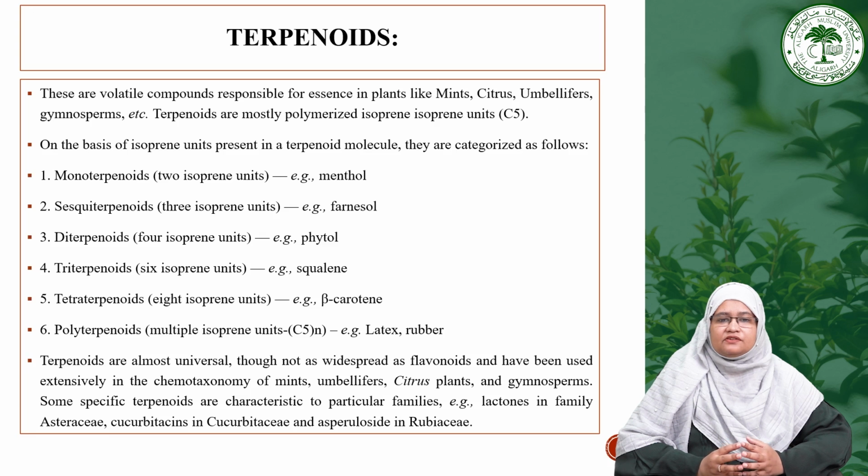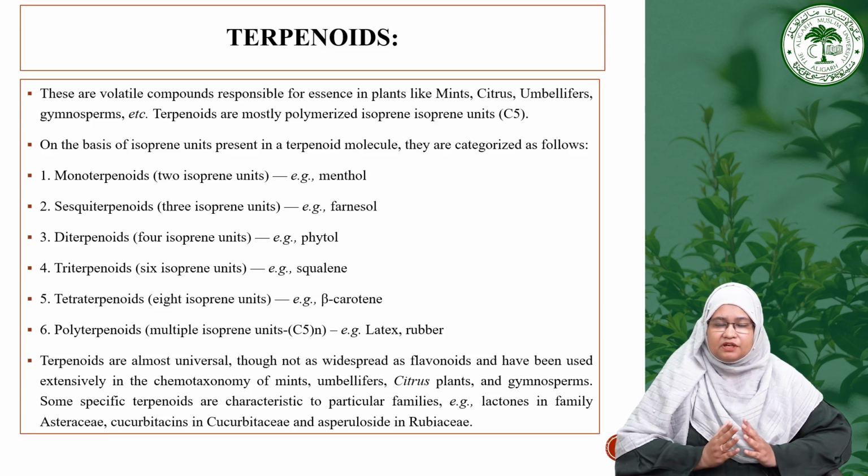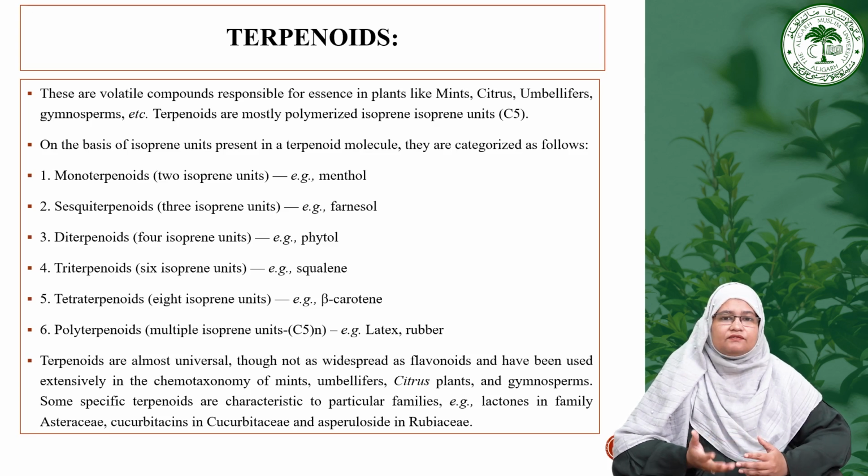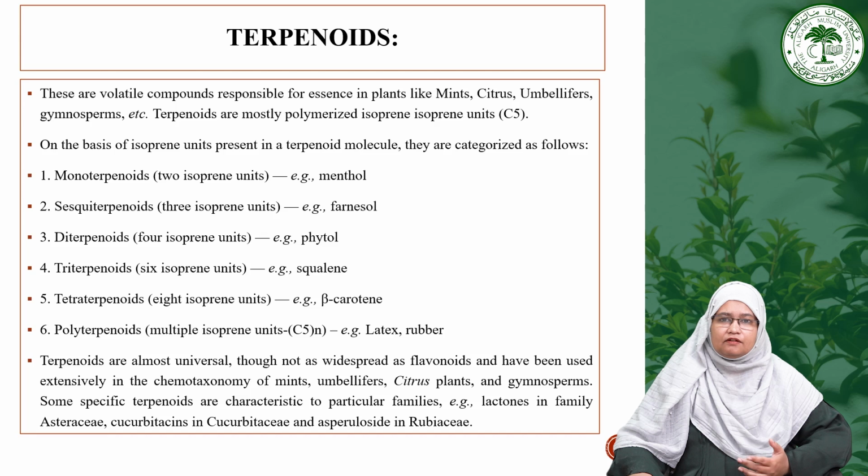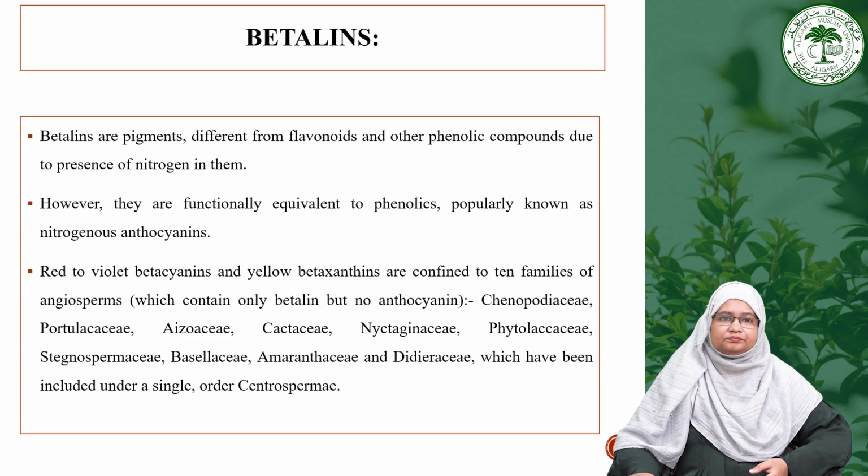Some specific terpenoids are characteristic of particular families, for example lactones in family Asteraceae, cucurbitacins in Cucurbitaceae and asperuloside in Rubiaceae. As we have seen previously, flavonoids are very common, but terpenoids generally occur in a specific group of families. So they can also act as a very good taxonomic tool in identifying different types of families.